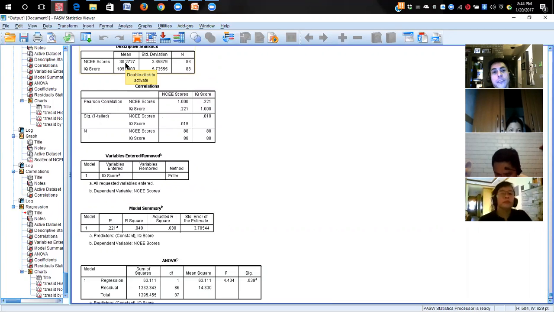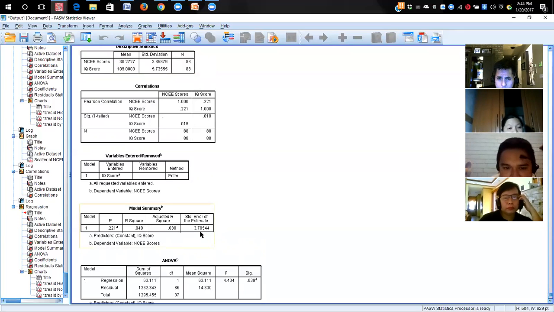If you repeat the same study and your mean is no longer 30.27, your standard error of the estimate will no longer be 3.78. So this standard error of the estimate is very dependent on the mean score of the NCE, because the mean score is the parameter that is being used by the regression model for this particular sample.